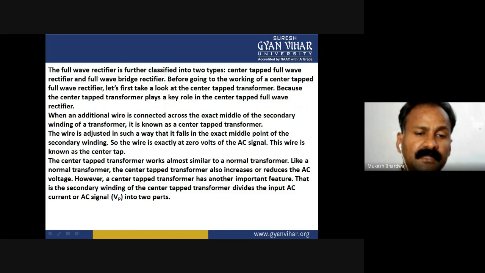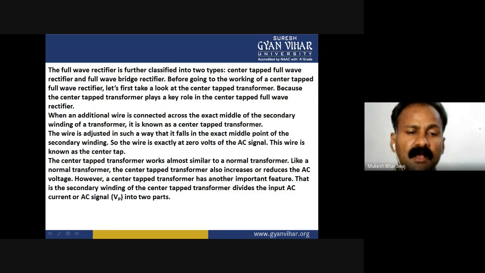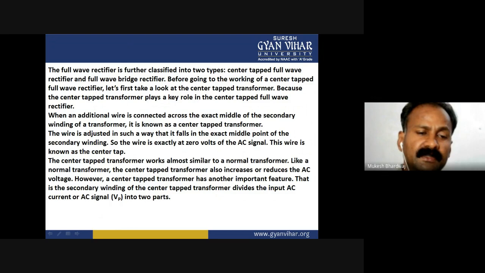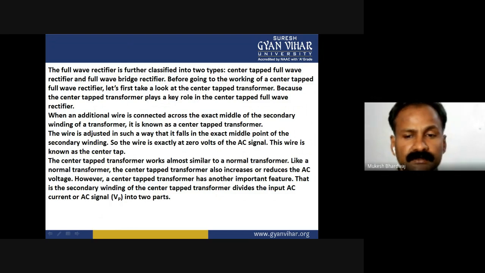The center tap transformer works almost similar to a normal transformer. Like a normal transformer, the center tap transformer also increases or reduces the AC voltage. However, a center tap transformer has another important feature: the secondary winding divides the input AC signal into two parts.